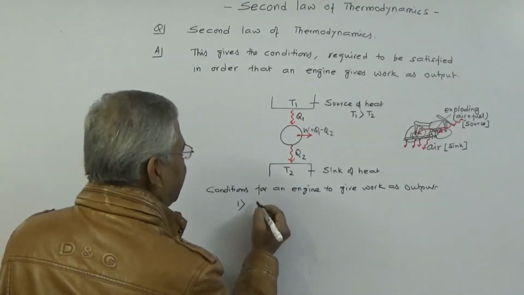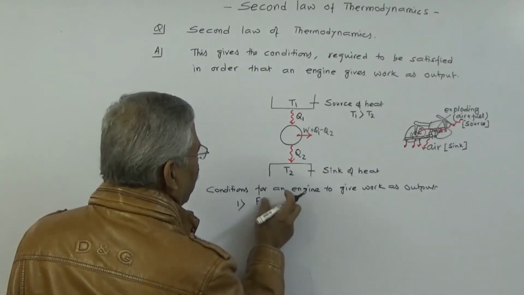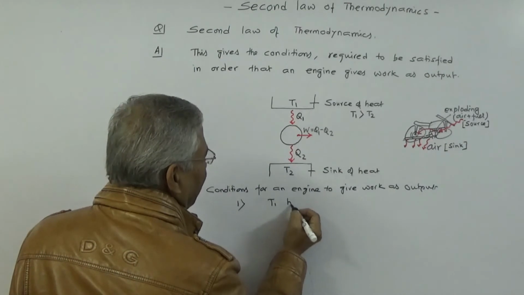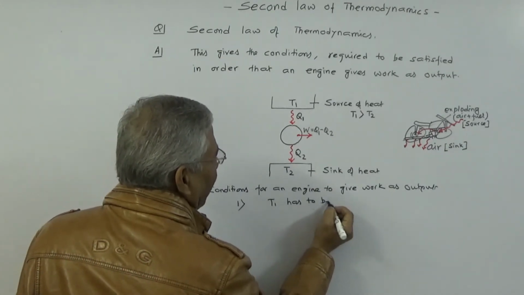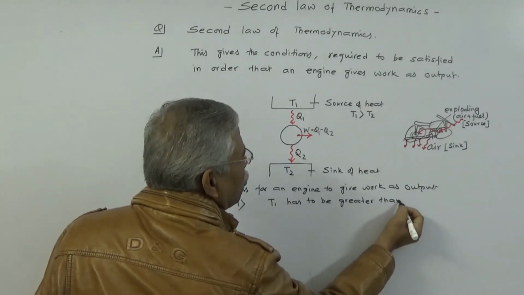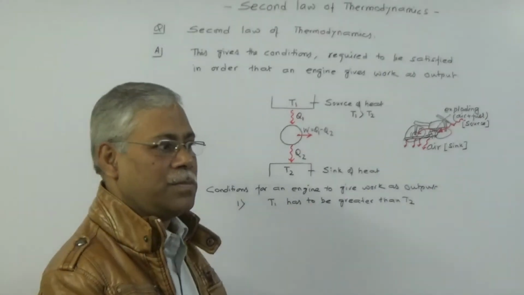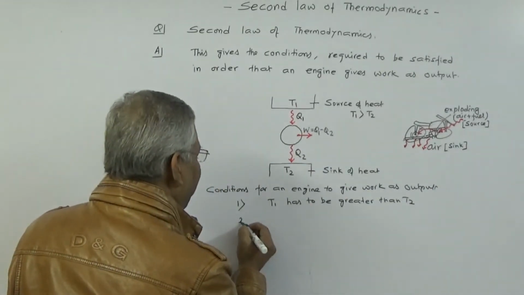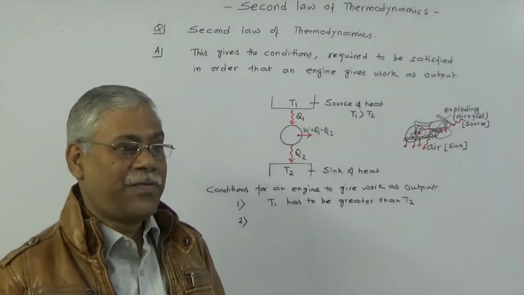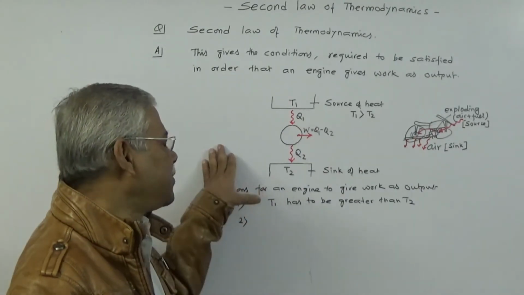In order for an engine to give work as output, T1 has to be greater than T2. Second, another condition has to be satisfied. What is that second condition?